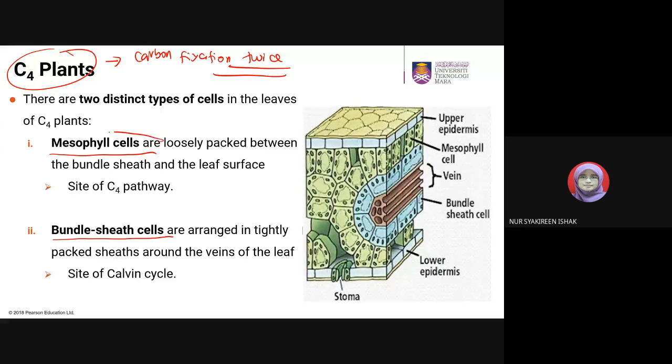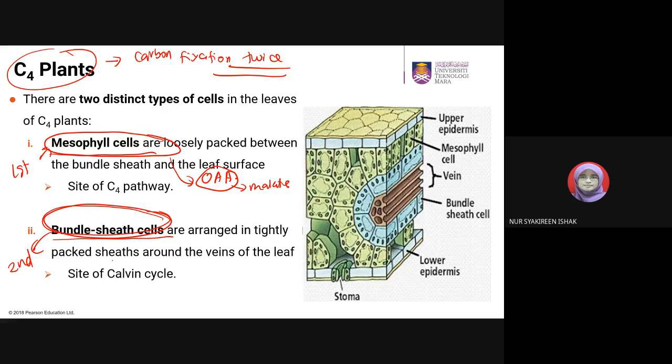Okay, the first carbon fixation akan berlaku dalam mesophyll cell, dan dalam mesophyll cell ni akan terhasil the first product of carbon fixation which is oxaloacetate. Okay, so bila dah terhasil oxaloacetate ni akan convert jadi malate. So malate akan enter bundle sheath cell. Okay, bundle sheath cell is where the second carbon fixation occur.